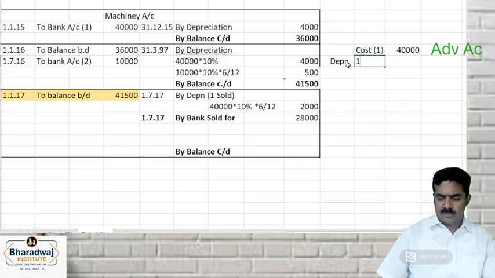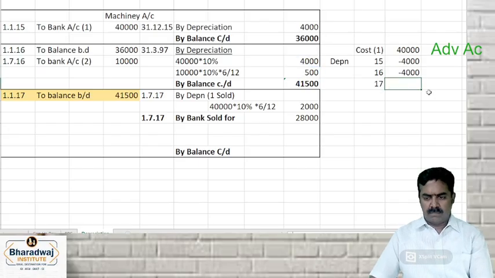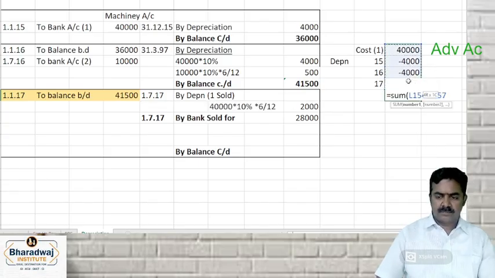Depreciation for 2015, 2016 and 2017. What is the book value? 30,000.